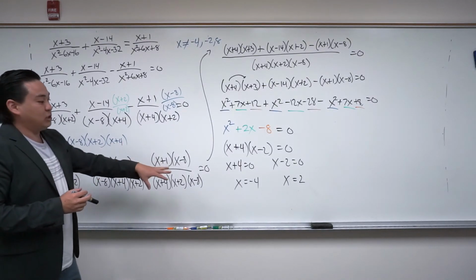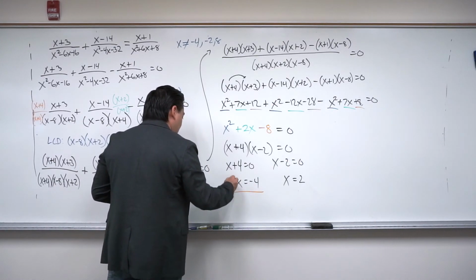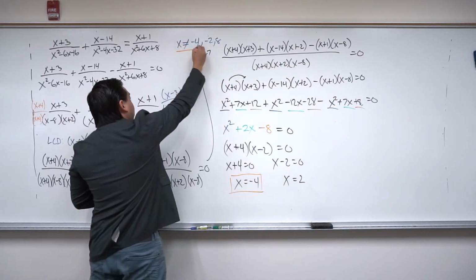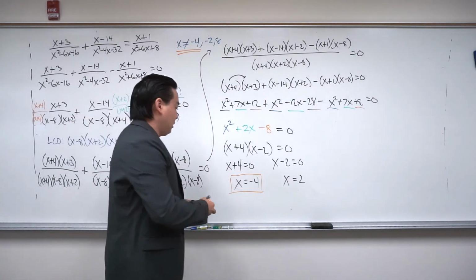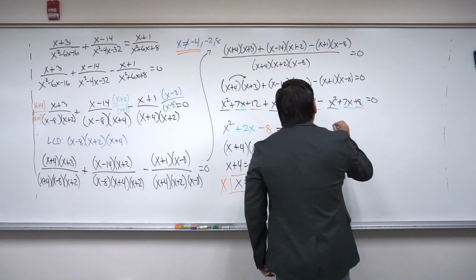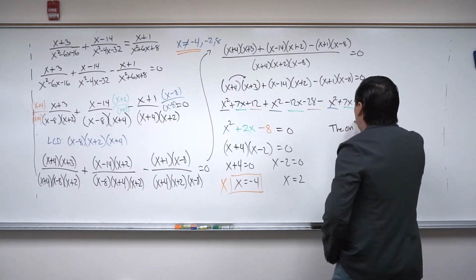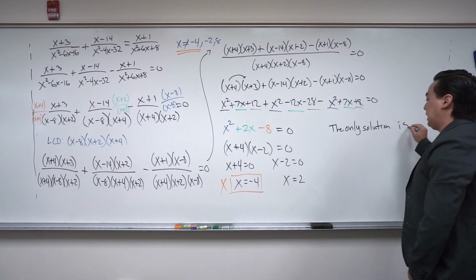But if you actually look at this one right here, it is one of the restrictions. So it cannot be a solution. This is no good. So the only solution is x equals 2.